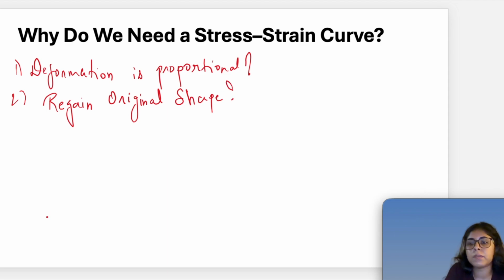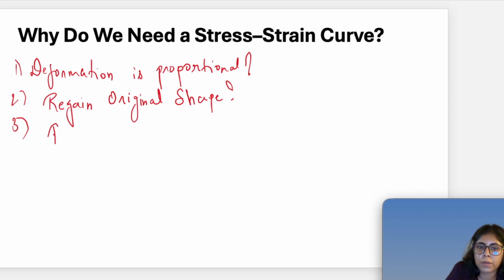Is it possible to regain the original shape? That also we check. And also the question is, at what point does permanent deformation begin? We are seeing whether it can regain its original shape, but there will be a point after which the material will not come back to its original position. So that is permanent deformation.